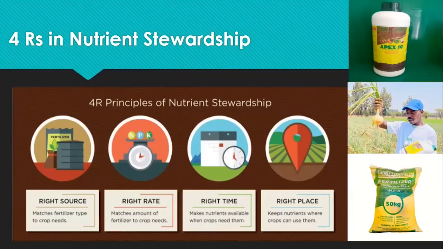And in terms of rate, we are really encouraged to use the right rates of fertilizer applications. And this can be only after you conduct soil tests, soil analysis. This is important. We cannot emphasize this enough.